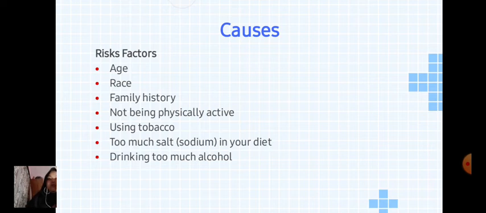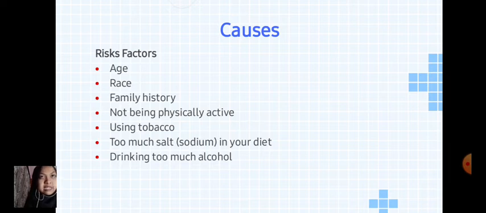Secondhand smoke can increase your heart disease risk. And then too much salt or sodium in your diet. Too much sodium in your diet can cause your body to retain fluid, which can increase blood pressure.